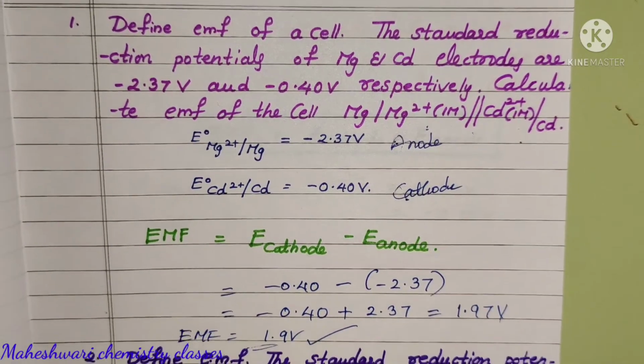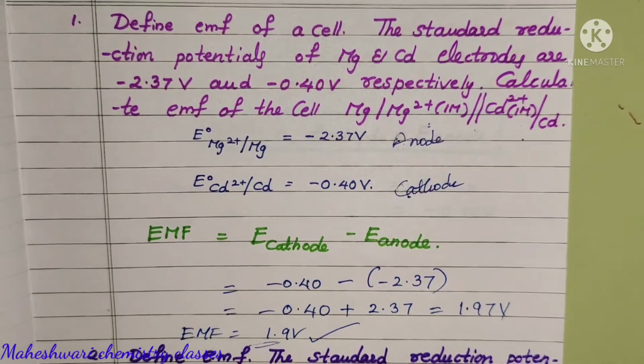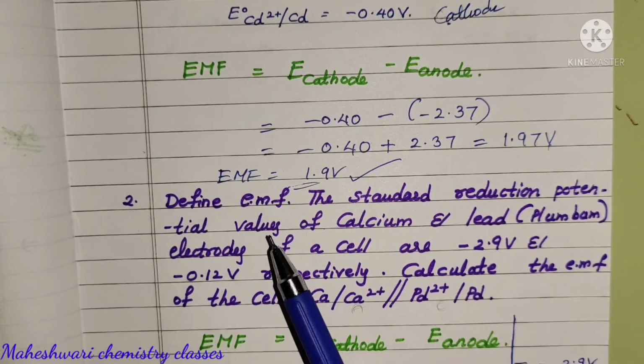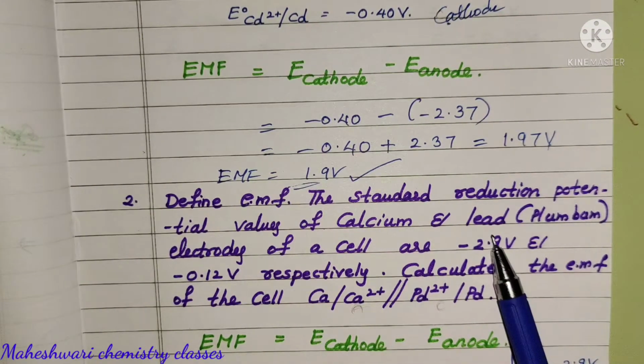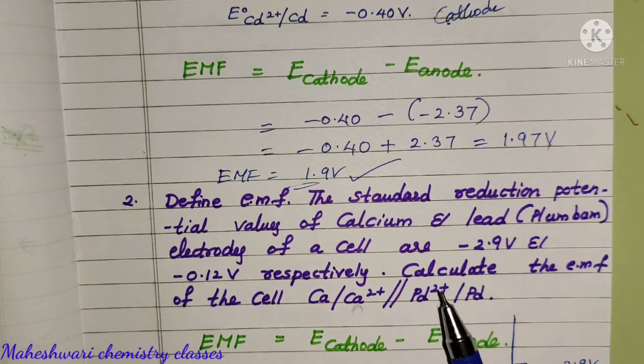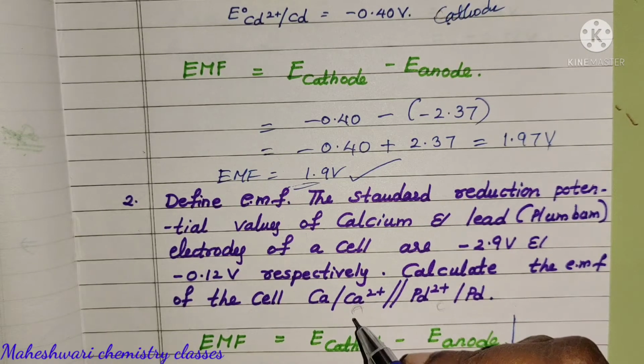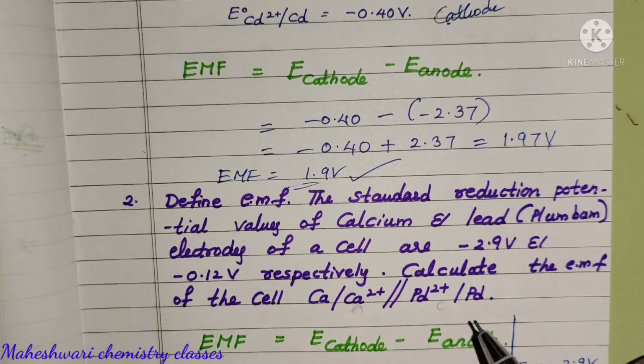Okay, next, second problem. Define EMF. The standard reduction potential values of calcium and lead electrodes of a cell are minus 2.9 volts and minus 0.12 volts respectively. Calculate the EMF of the cell: calcium by calcium 2 plus, salt bridge, and lead 2 plus by lead. Okay, so here it is anode, bridge, cathode.